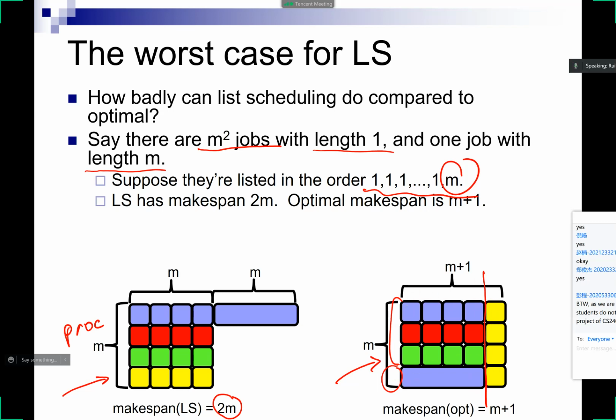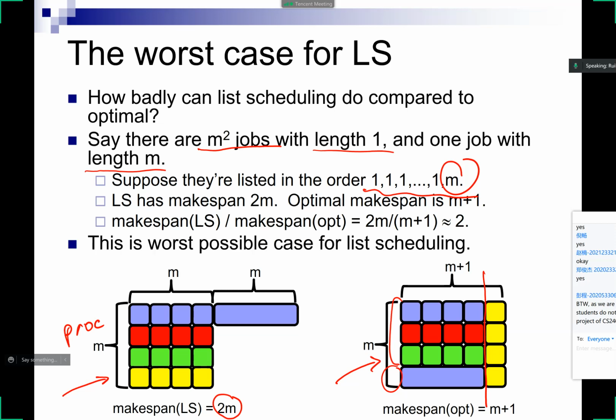There are only going to be m small jobs left at time m, and then you just give 1 to each of these m processors. And so in that case, your makespan is going to be m plus 1. So list scheduling gets a makespan of 2m, and the optimal one is m plus 1. Therefore, the approximation factor is something like 2.